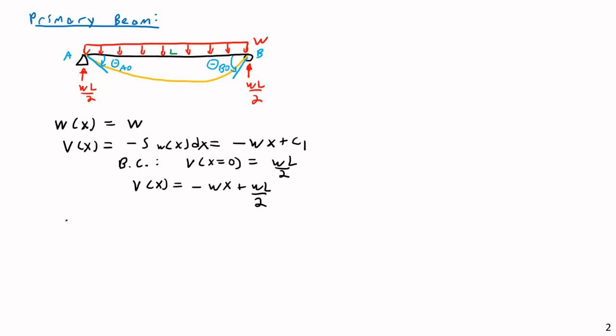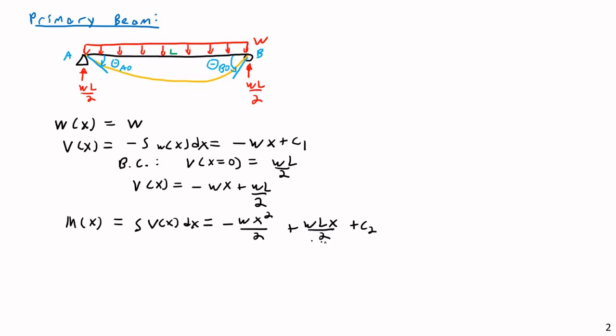Then M as a function of x, the moment as a function of x, is simply going to be equal to the integral of the shear function of x dx. And if I go ahead and take the integral of this, again, this is just straightforward polynomial integration. This is going to be equal to negative Wx squared over 2 plus WLx over 2, just adding an x to our constant here, and then plus a C2.